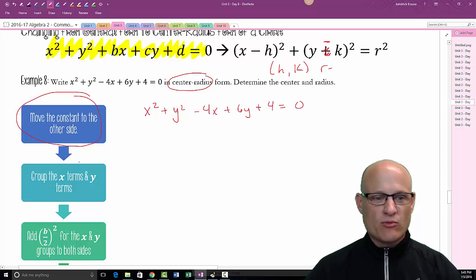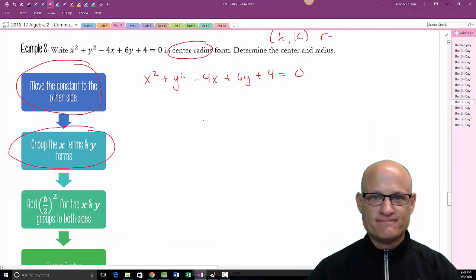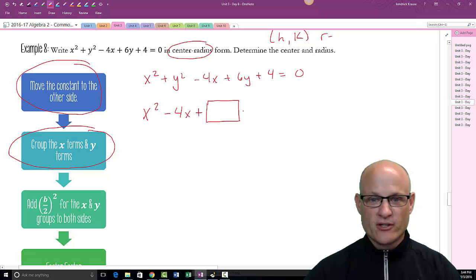And then when we rewrite it, we're going to group the x's together, and we're going to group the y's together. And we're going to write it in a very special form. You ready for the special form? All right, so we're going to write x squared minus 4x plus a box, and you guessed it, completing the square. Why else would we be doing this here?